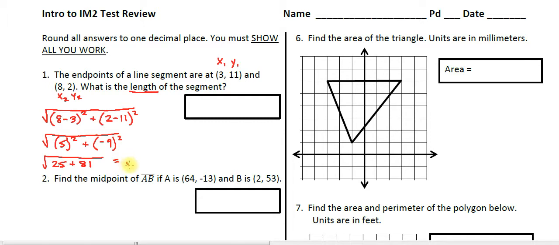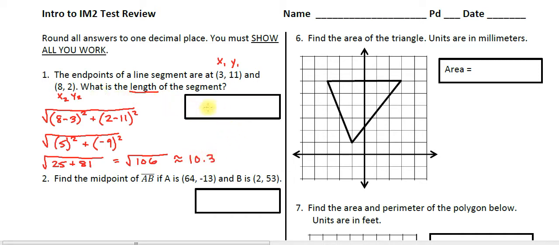Let's continue to simplify. We have the square root of 25 plus 81, which is 106. So square root of 106. We'll put that in your calculator, and you should get approximately 10.3 when we've rounded it correctly.